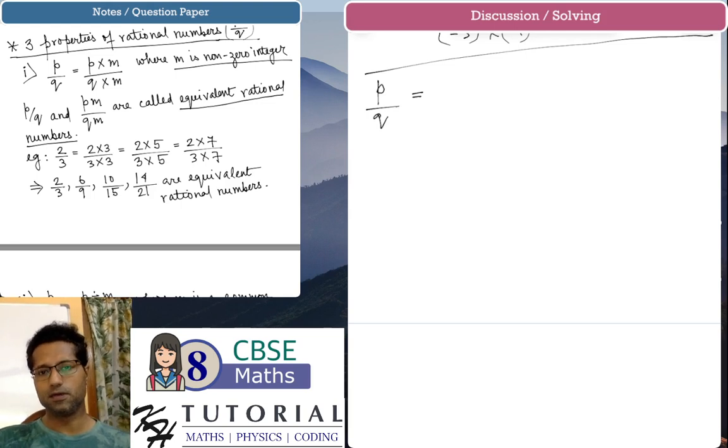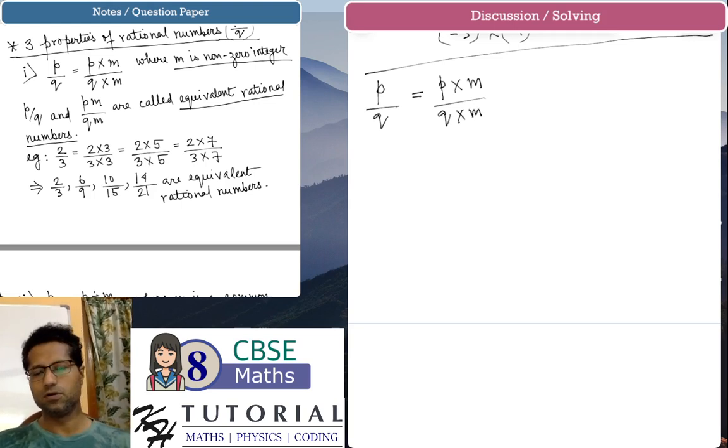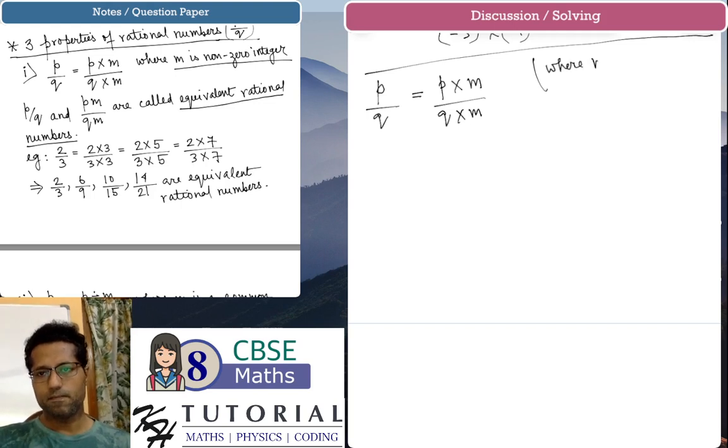Any non-zero integer: if I multiply the numerator by m, where m is a non-zero integer, and the denominator with the same non-zero integer, these two rational numbers will be equal, where m is not equal to 0.